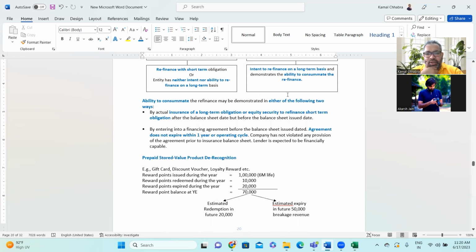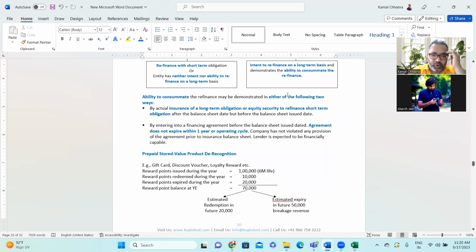Ability to consummate the refinance may be demonstrated in either of the following two ways. First is by actual issuance of the long-term obligation or equity security to refinance the short-term obligation after the balance sheet date but before the signing date.